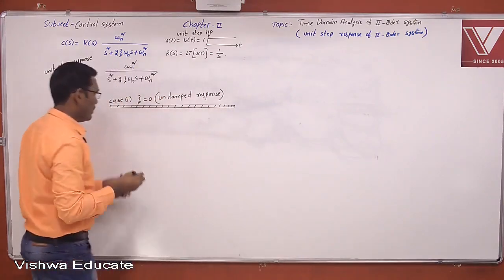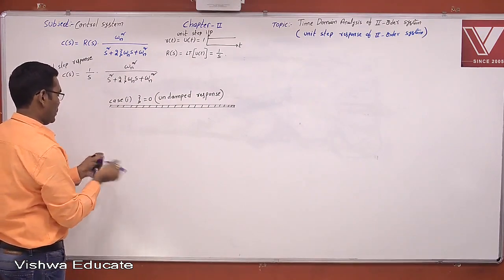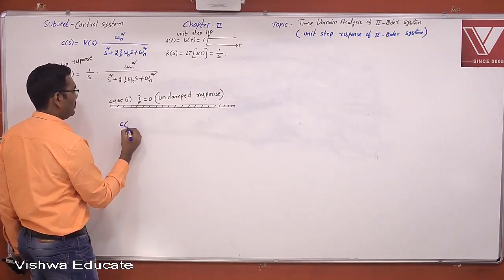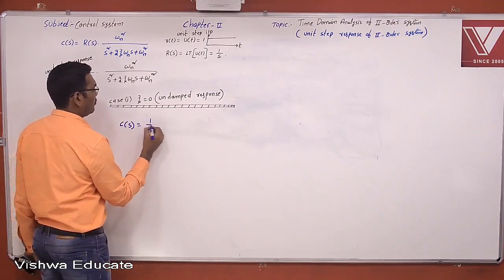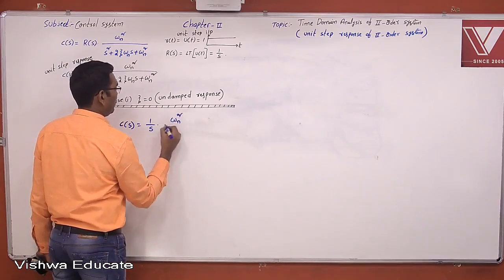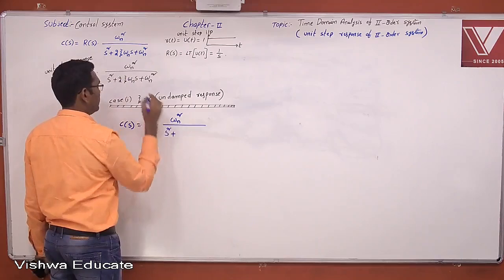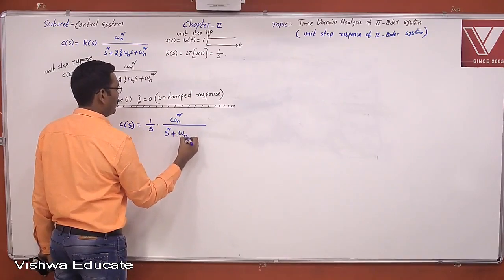Now this is case 1, the undamped response. Therefore C of s, which is equal to 1 by s into omega n square by s square plus, with zeta equal to 0, omega n square.